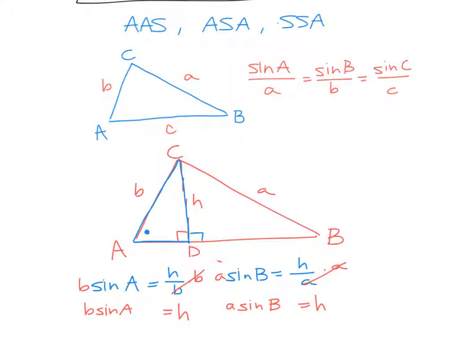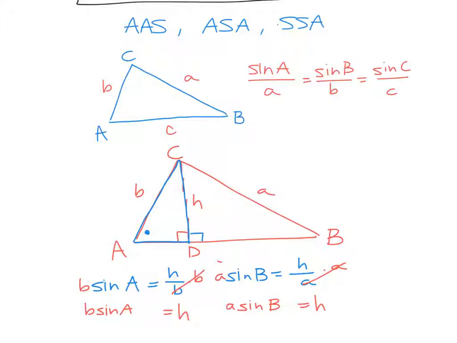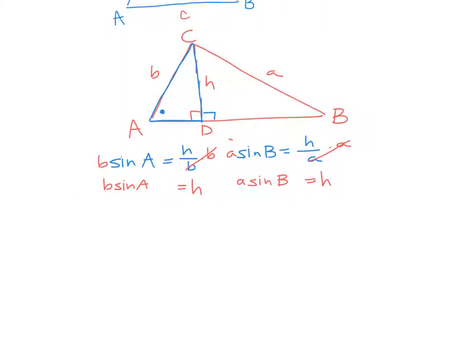What do you know about those H's? They're the same, okay? So if that's the case, I can say right now that B sine A equals A sine B, okay?